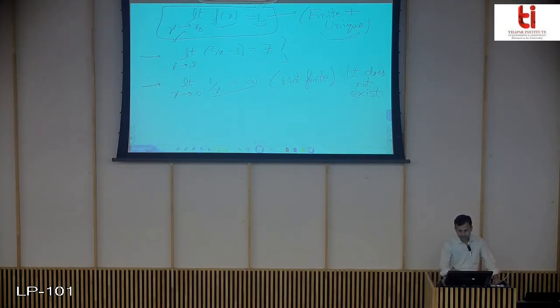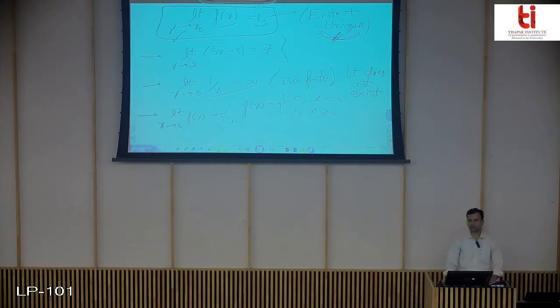The other thing that we usually look at in the informal definition is that the limit should be unique. For example, limit x tending to 0 of f(x), where f(x) is 0 for x less than 0 and 1 for x greater than or equal to 0.